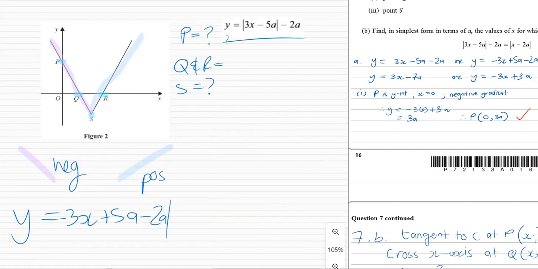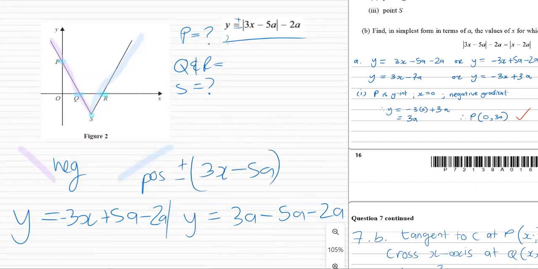And on the other side, y equals 3x minus 5a, taking the positive inside the modulus sign, minus 2a. So I've multiplied them both out. We started off working from this, assuming it could be negative or positive, and after that we have to subtract the 2a.